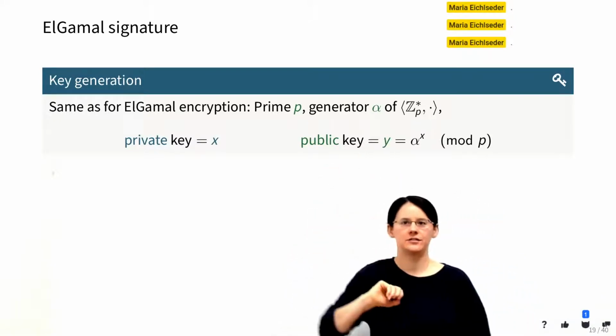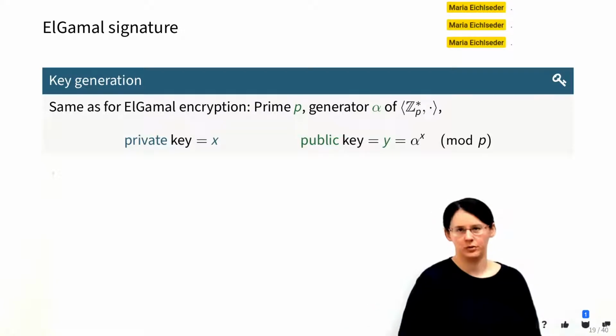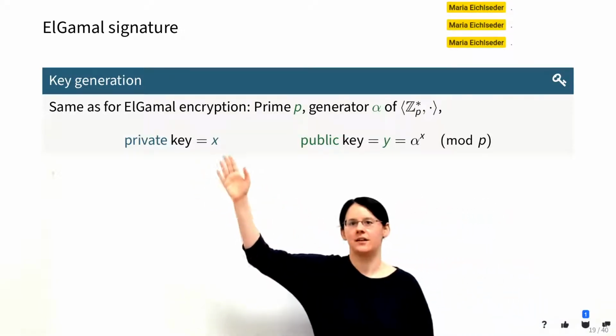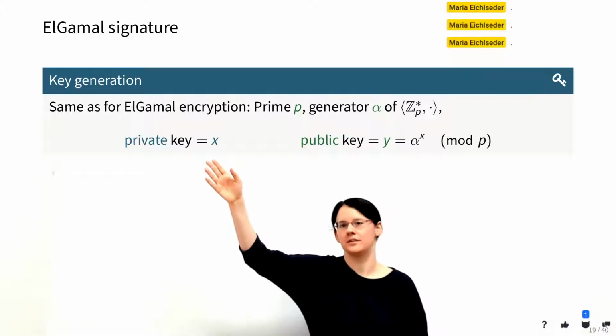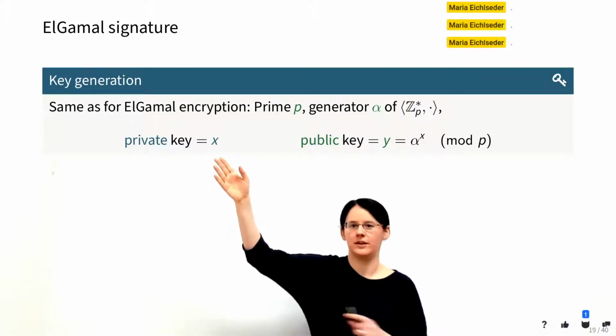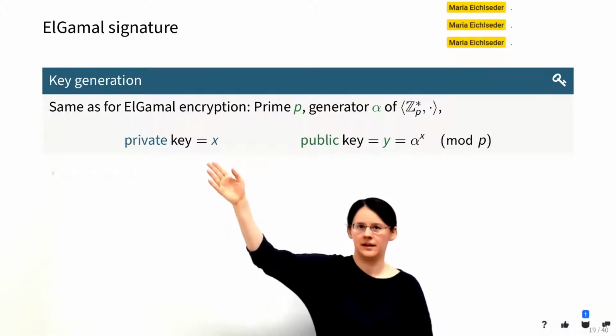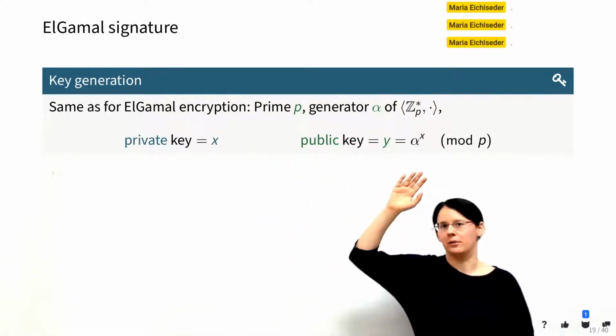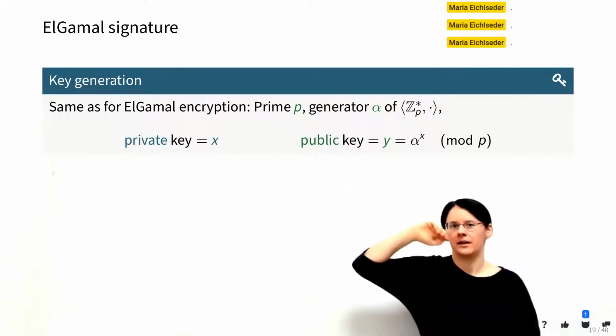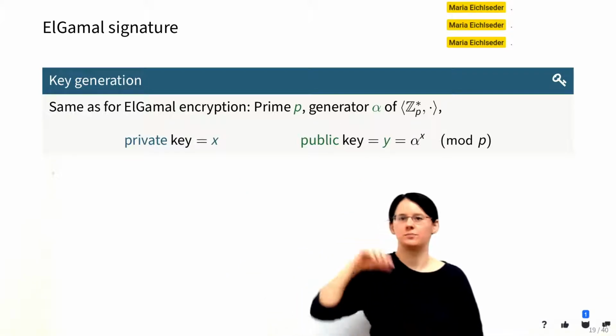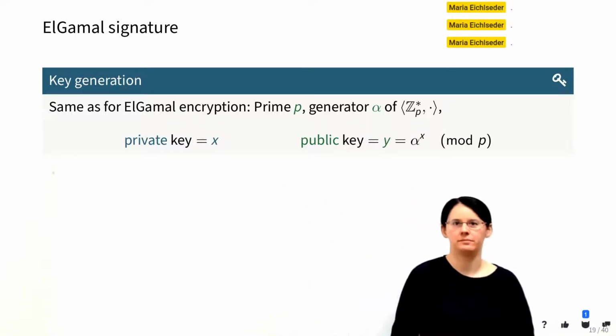The key generation phase is very similar as before. If Alice wants to do signatures, she needs to generate a private key, which is an integer in the range 2 to p-2. And she derives the public key from it in the same way as before. So these two steps correspond to the first line in the picture before.